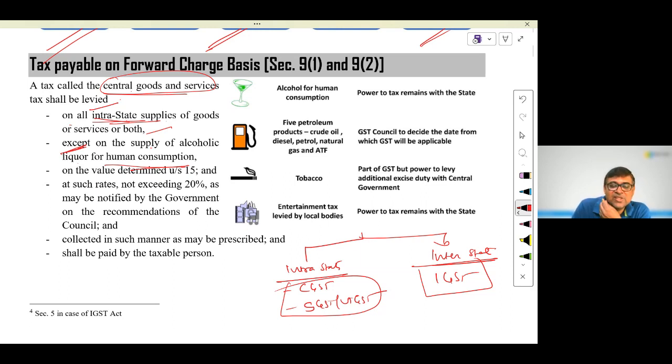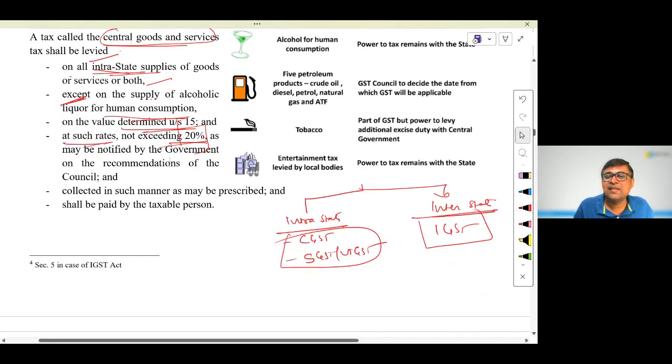Since the GST is applicable at a certain percentage, we require a value on which we are supposed to apply the rate. So on the value which is to be determined under section 15 and at such rates as are prescribed, but not exceeding 20%. That means the maximum rate of CGST would be 20%. In case of IGST, we can say that the maximum GST rate would be 40%.